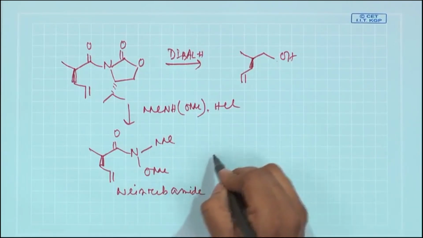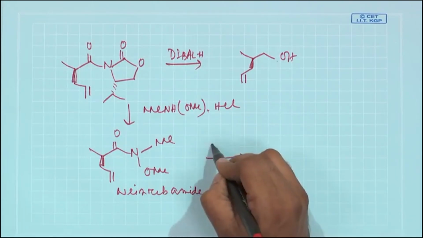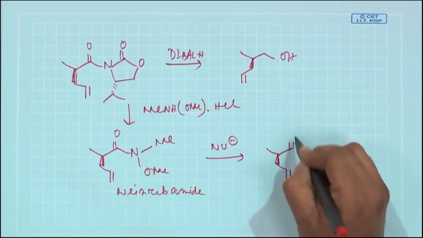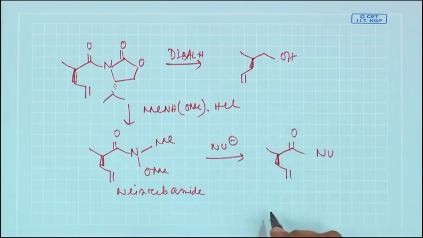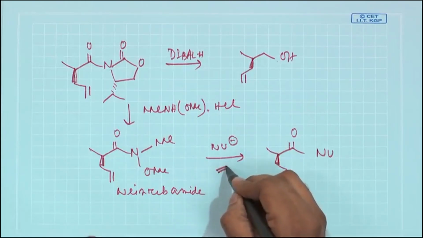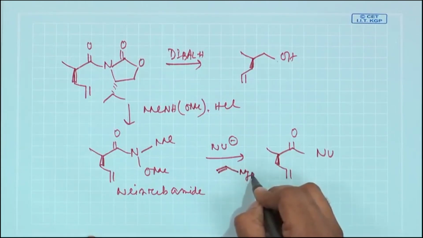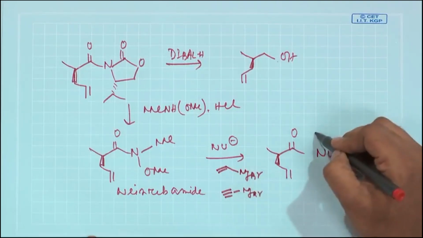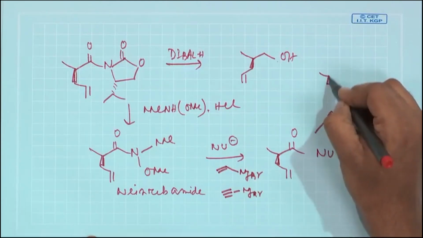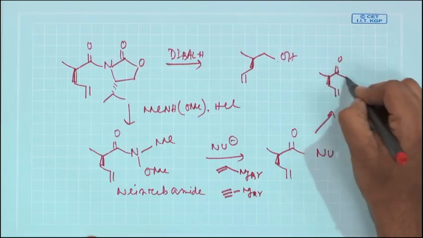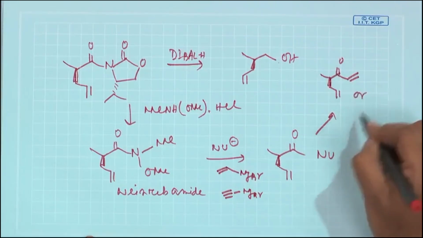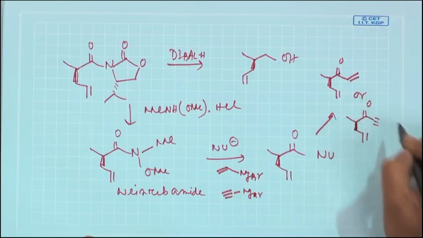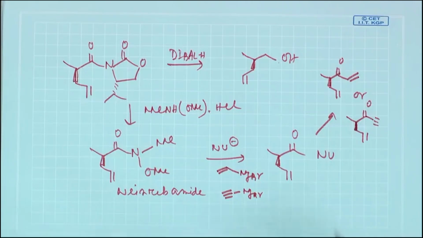Now, this Weinreb amide can react with any simple nucleophile, so that if your final target has to be this kind of compound, the nucleophile could be your vinyl Grignard or your acetylenic Grignard, and based on this you can get compounds like this vinylic ketone or this propargylic ketone, based on your desired requirement.